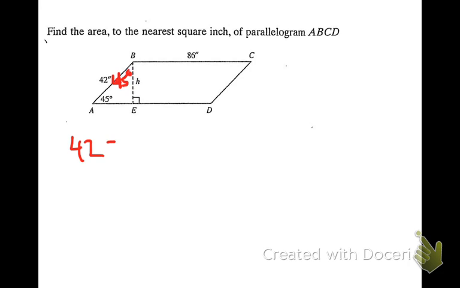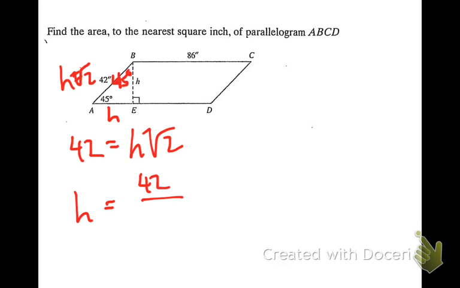42 is equal to, if we label our sides, this is H, we could call this H, this would be H radical 2. So 42 equals H radical 2. So then we solve for H. H equals 42 over radical 2.